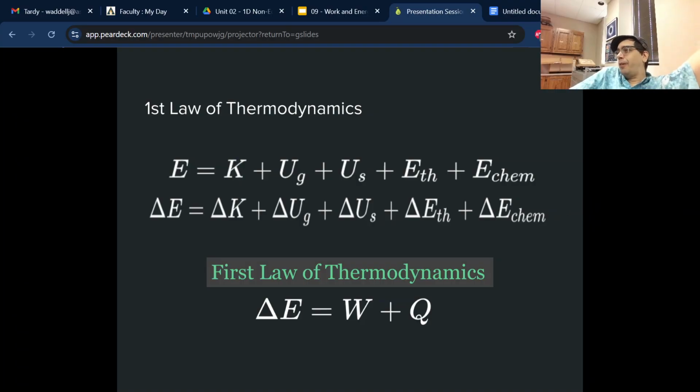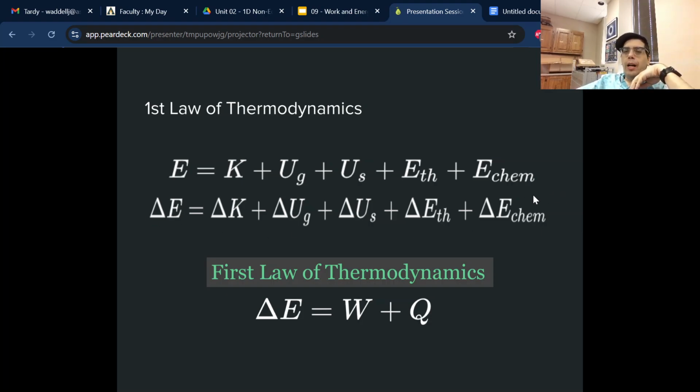It doesn't affect what we're doing if their change in energy is 0. So unless you have an atomic bomb in your problem or something, you don't need change in nuclear energy, because the change in nuclear energy will be 0. If you don't have moving charges, you don't need your electrostatic energy. So the change in it is going to be equal to 0.